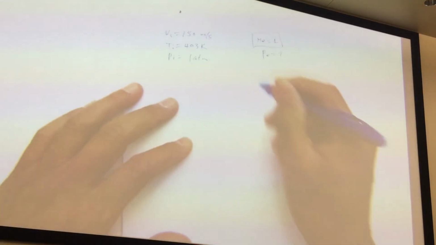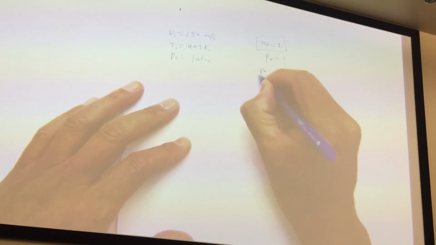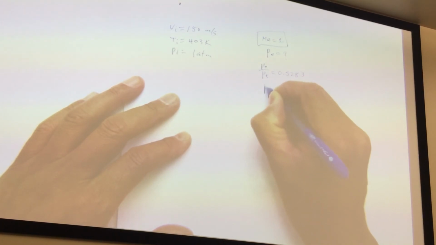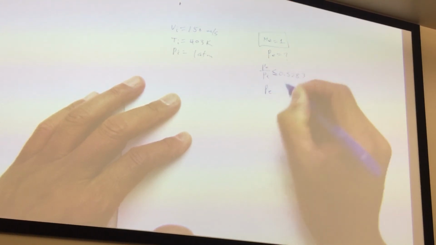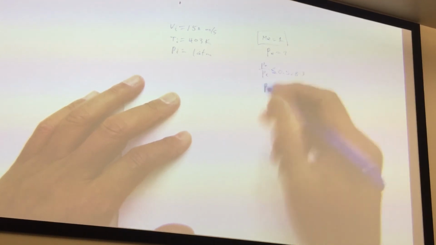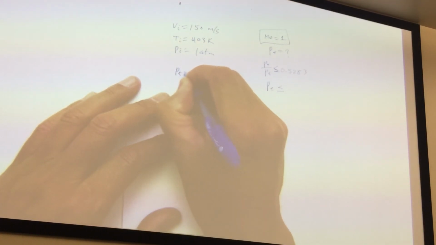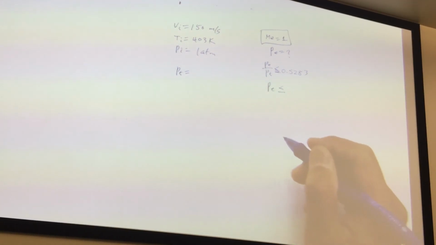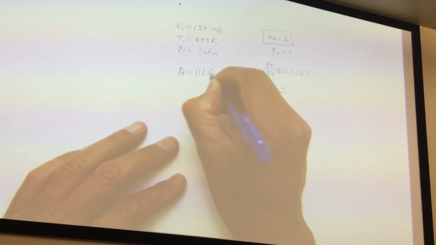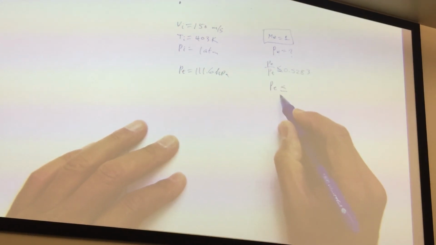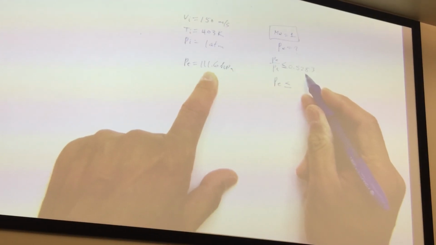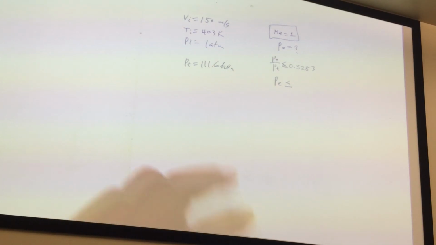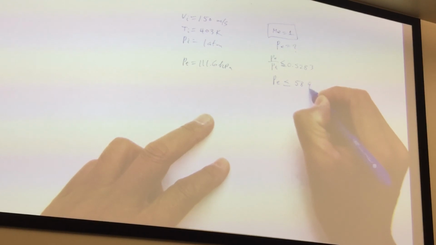So the question is, what is PE? PE over PT would have to be equal to 0.5283. So your PE would have to be less than or equal to that, then you just multiply, right? Here you already have PT, we found out earlier. PT is 111.6 kilopascal. So your PE has to be less than the multiplication of these two. Make sense? It would have to be 58.9 kilopascal.